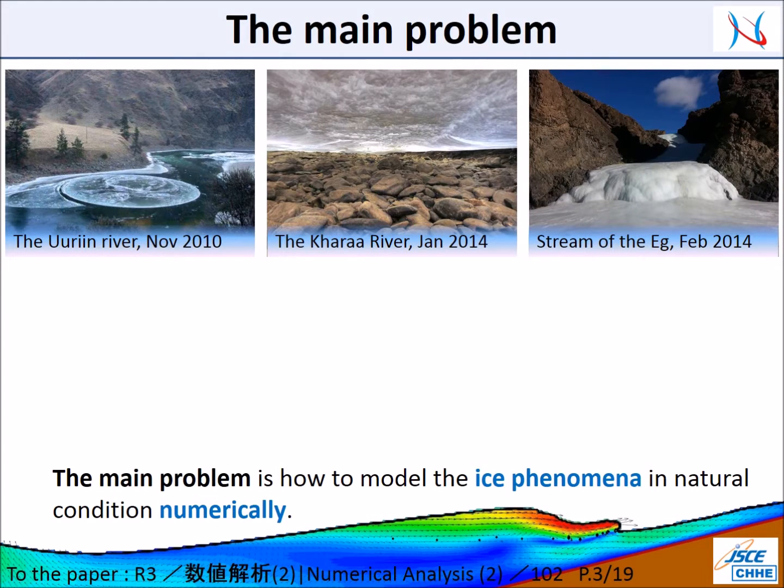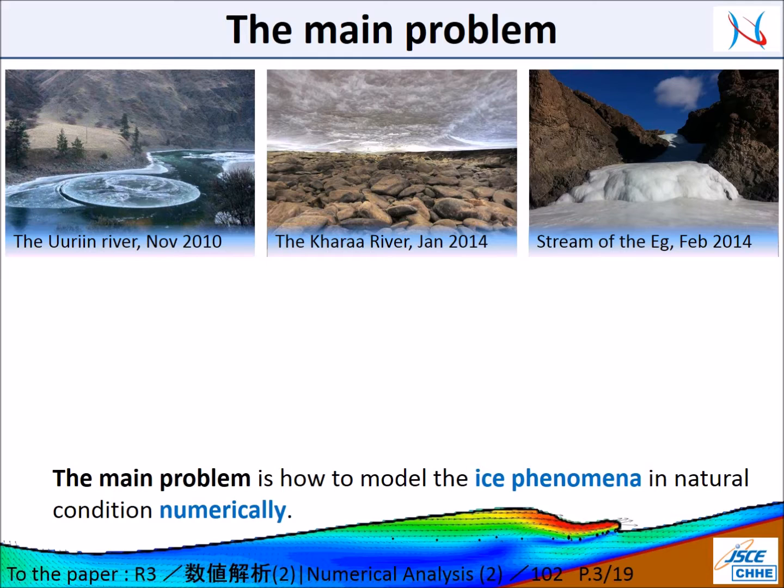So simply, water turns to ice when temperature goes down below 0 degrees Celsius. Everybody knows that. Ice is common in cold regions in winter time. For example, there are three types of river found in Mongolia: partly frozen river, ice-covered river, and completely frozen river.